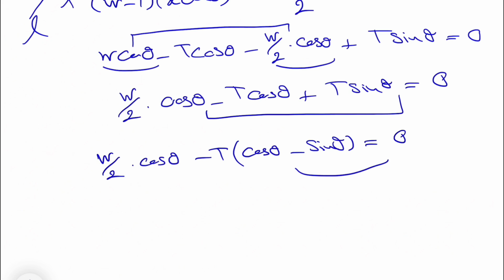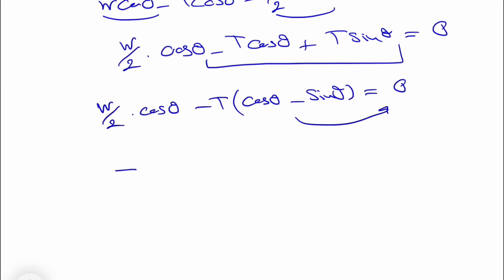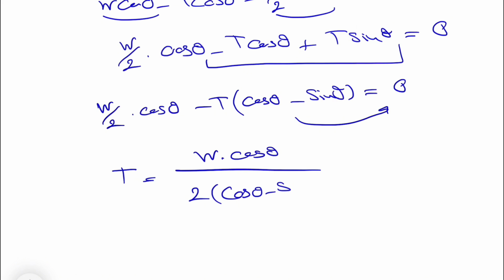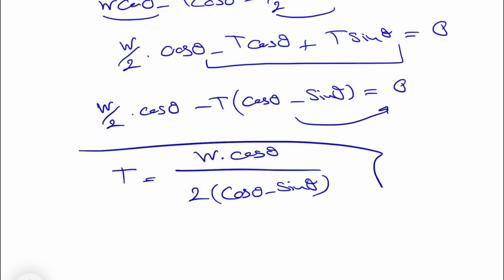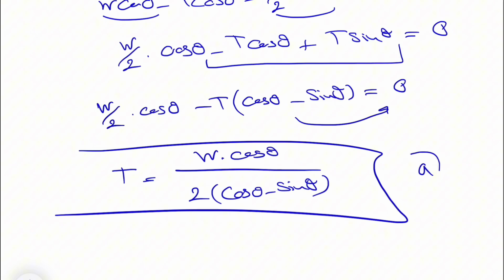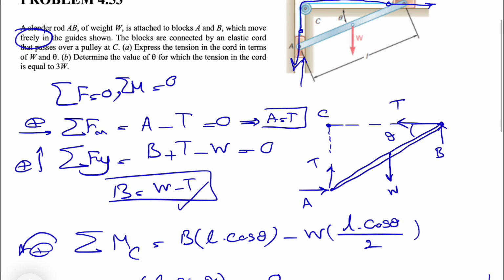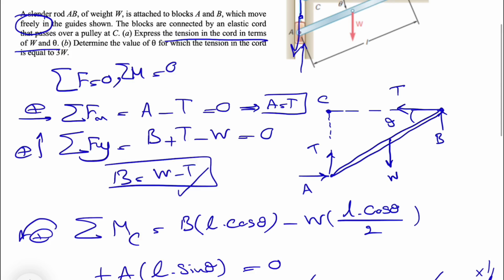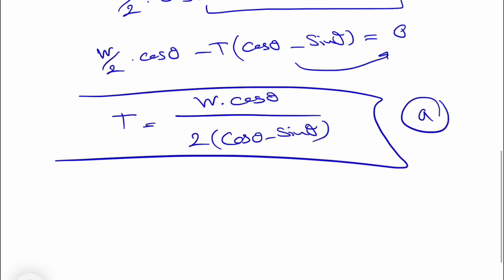If we take this one to the other side, we'll have T equals W cosine of theta divided by 2 times cosine of theta minus sine of theta. And that's the first part of the question, or part A, where we need to express the tension in the cord in terms of W and theta. So we have W here and everything is based on theta.